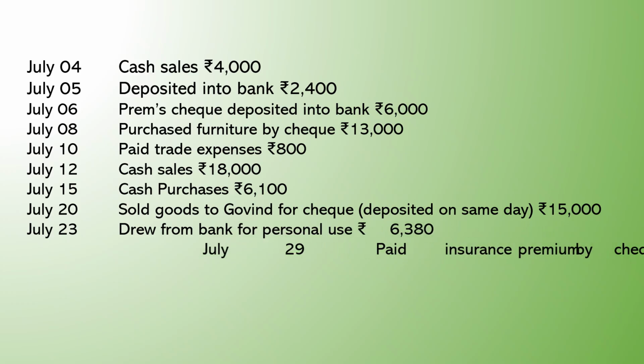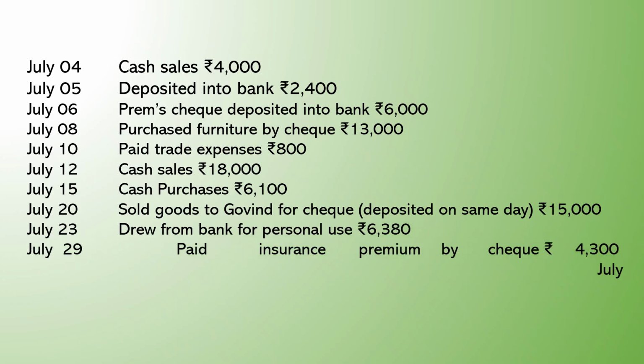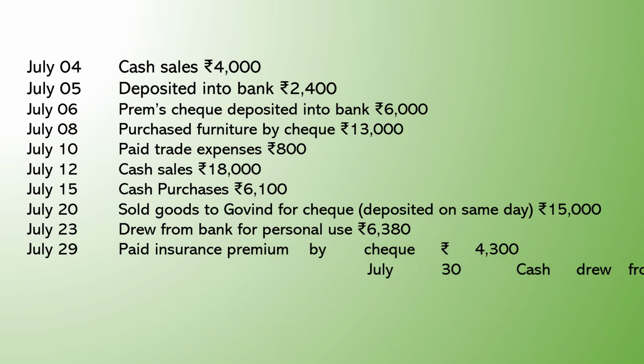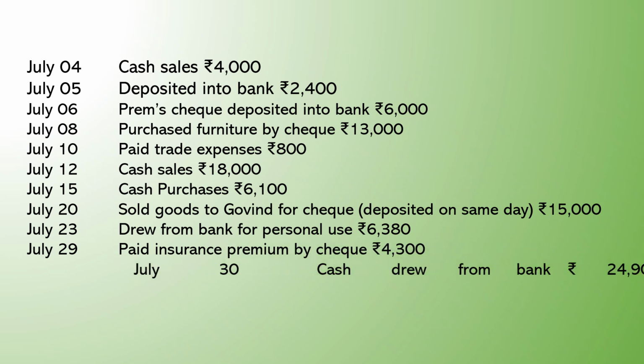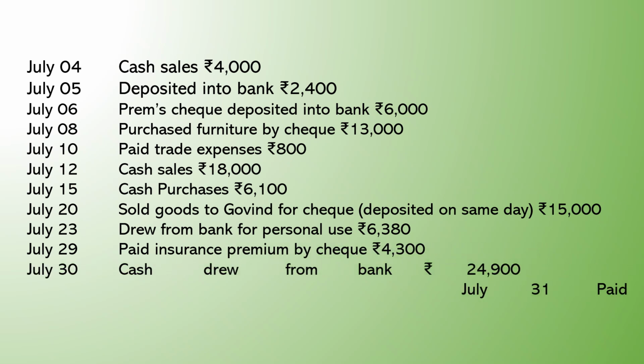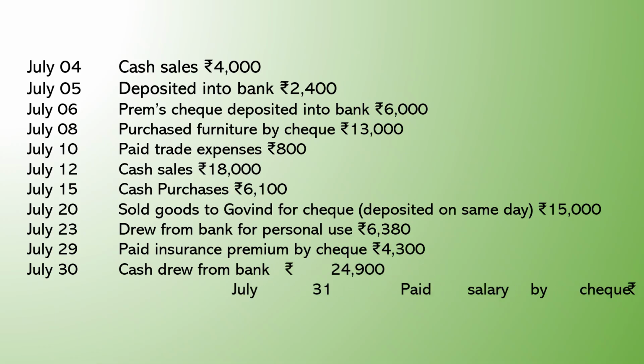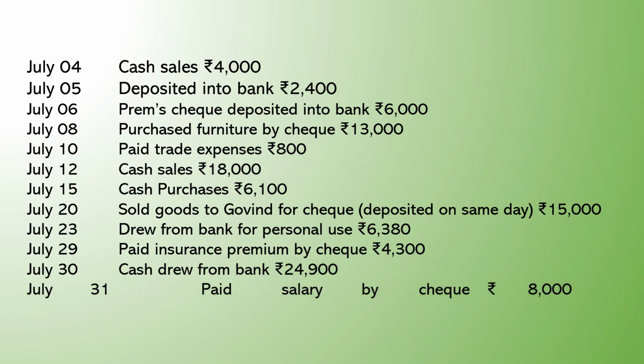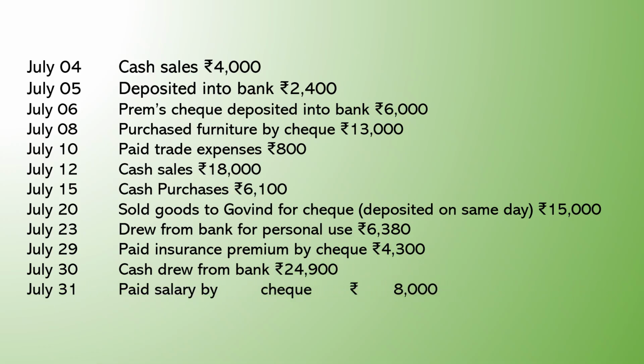Drew from bank for personal use 6,380 rupees. 29th July. Paid insurance premium by check 4,300 rupees. 30th July. Cash drew from bank 24,900 rupees. 31st July. Paid salary by check 8,000 rupees.